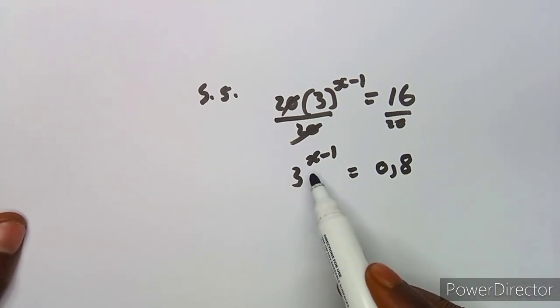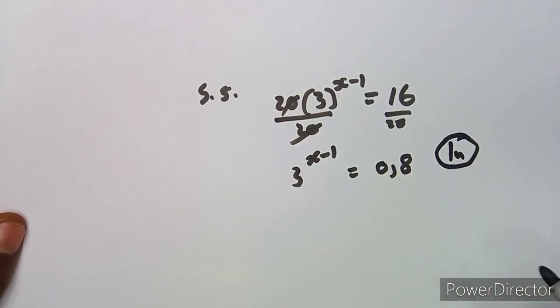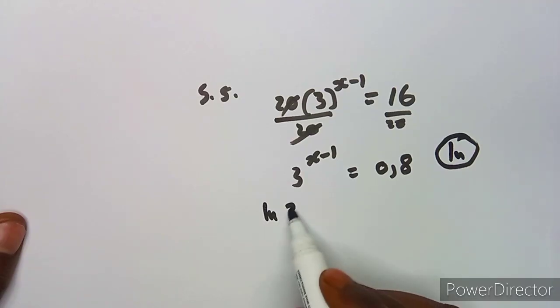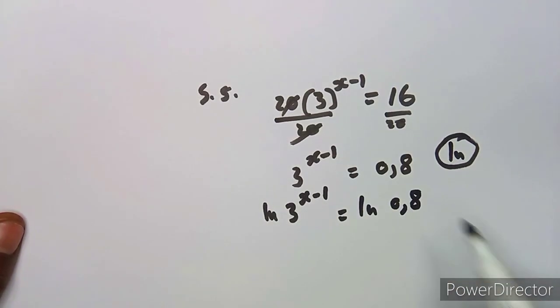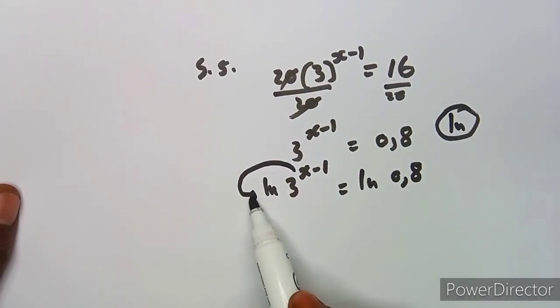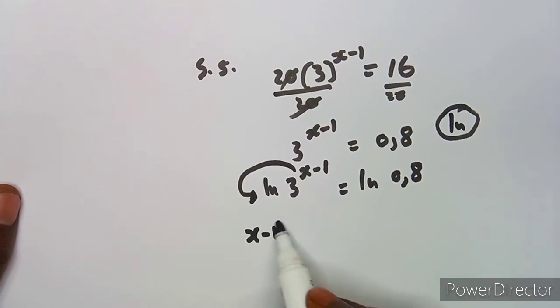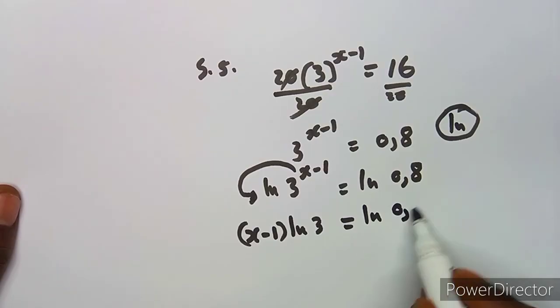I want to solve for x, but this x is on the exponent, so definitely I have to introduce the logarithms. So this is going to be ln 3 to the exponent of x minus 1, which is equal to ln 0.8. So remember that the moment you introduce ln, you have to drop this exponent, which is going to be x minus 1 times ln 3, which is equivalent to ln 0.8.